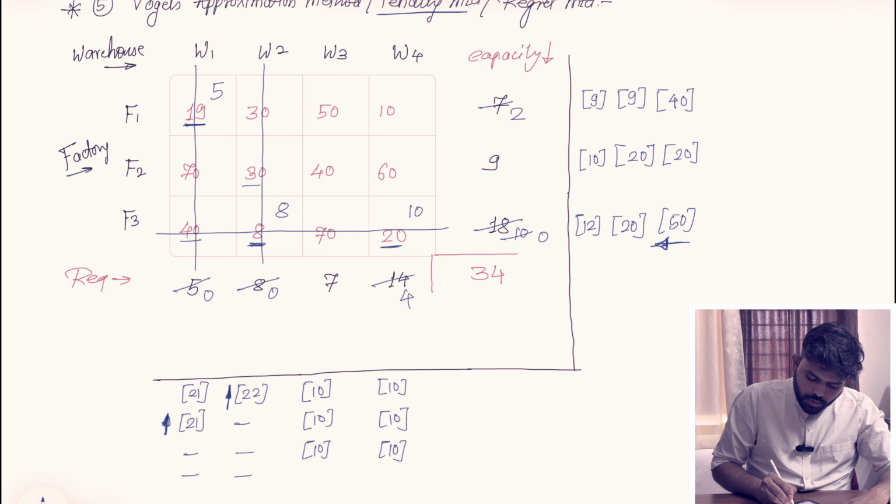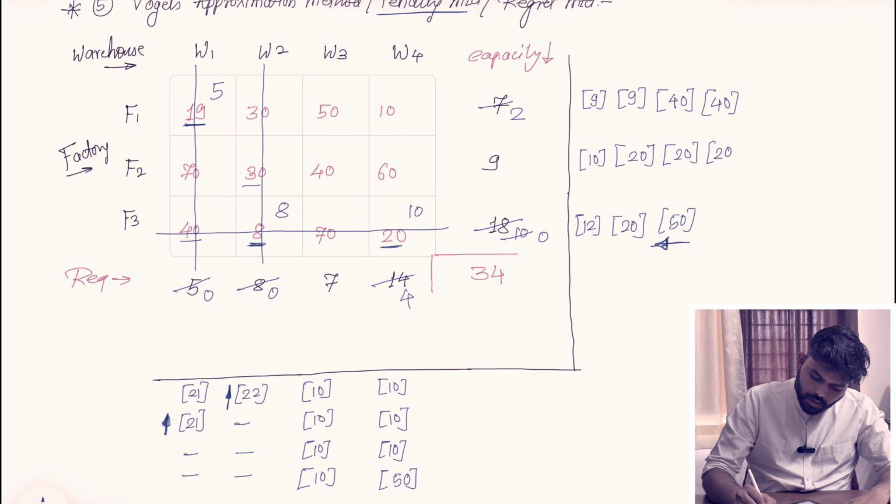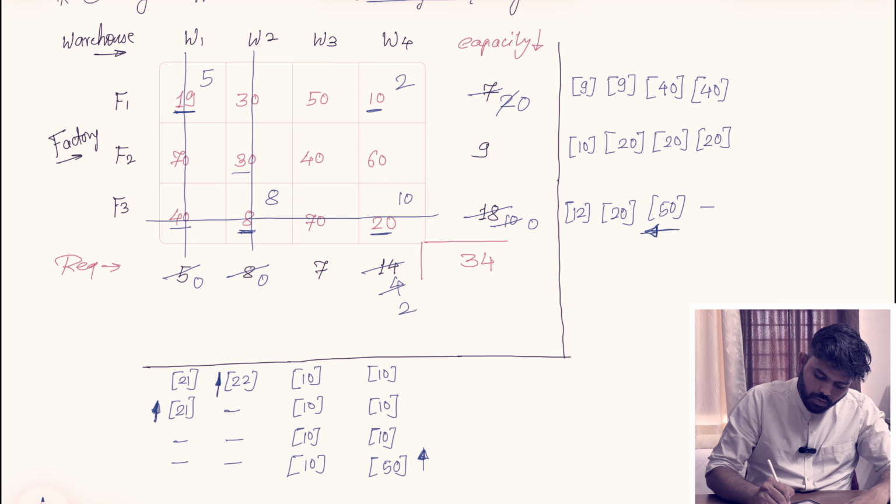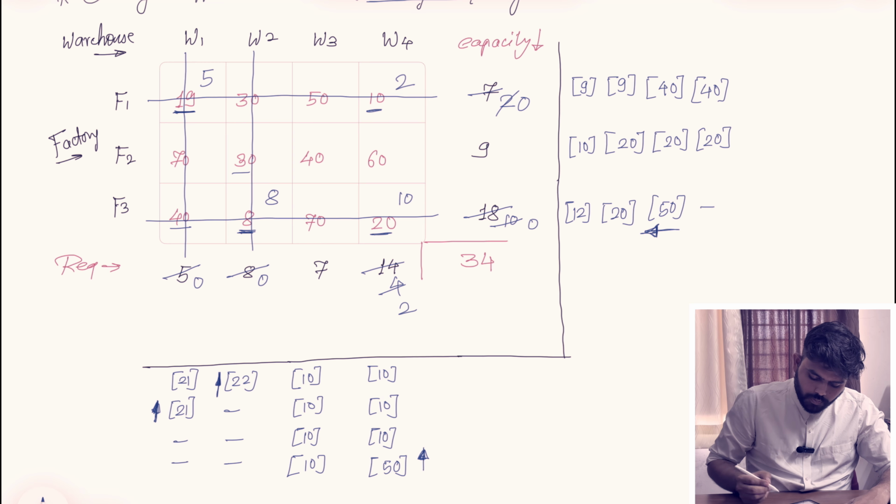Again carrying out the same procedure, here the penalties will be 10 and 50, and here 40 and 20. Out of these 4 penalties, the highest penalty is in column number 4. So here we will allocate at the least cell value, that is 10. The allocation will be 2, so this becomes 0 and this becomes 2. Now we can scratch the row.